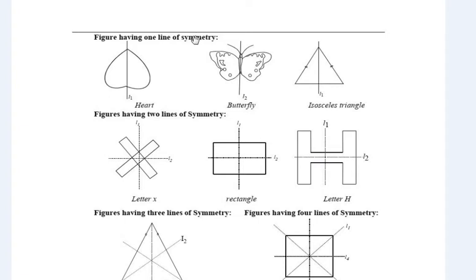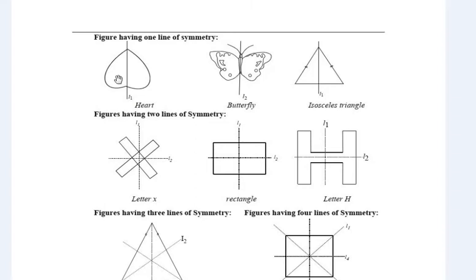Now we will talk about one line of symmetry, two lines of symmetry, three lines of symmetry, four lines of symmetry. What does that mean? Understand: whenever an object can be divided by one line only, it is known as a one line of symmetry object.